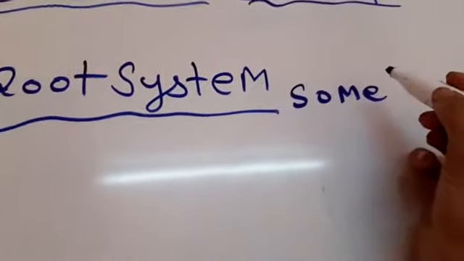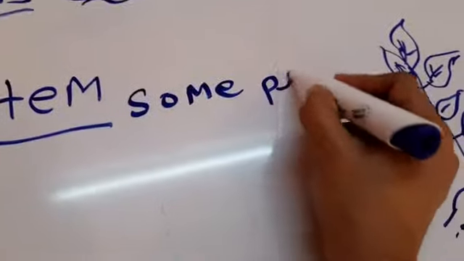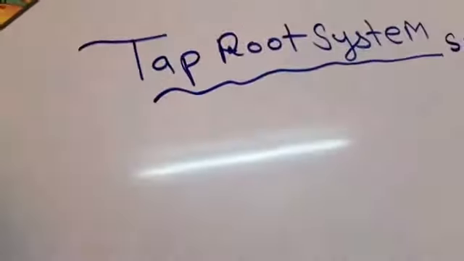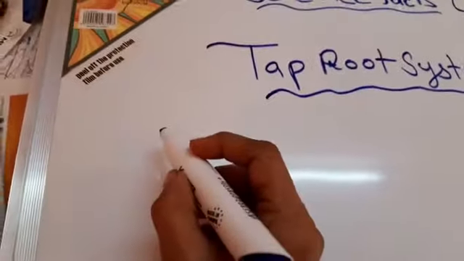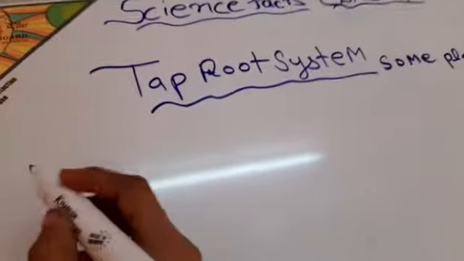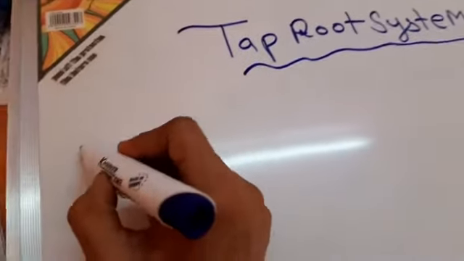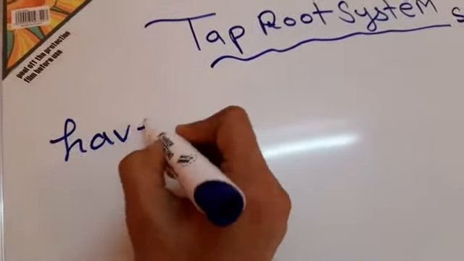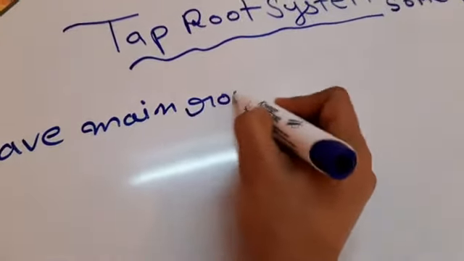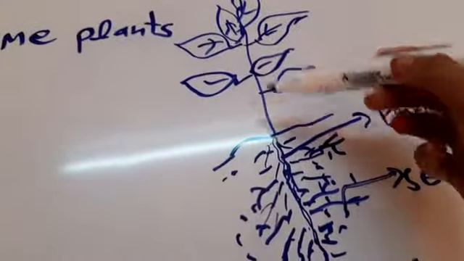You can note down: some plants have a main root. You can see easily in this diagram, some plants have a main root.